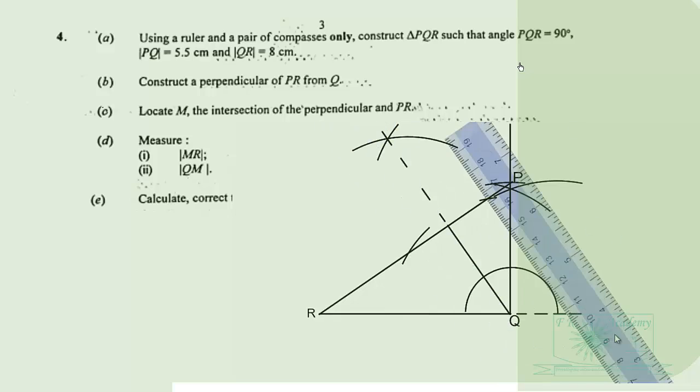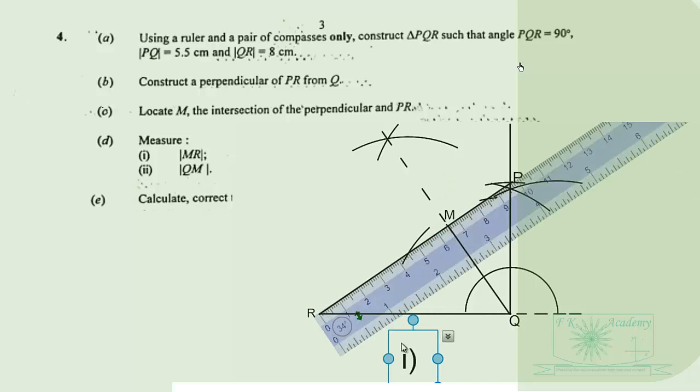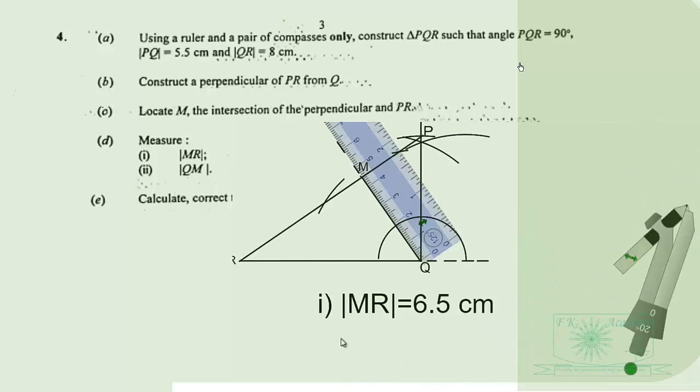So we can label that point of intersection where the perpendicular meets PR over here. Label it as M. Great. So we're supposed to measure MR, and we can see that it is 6.5 centimeters.